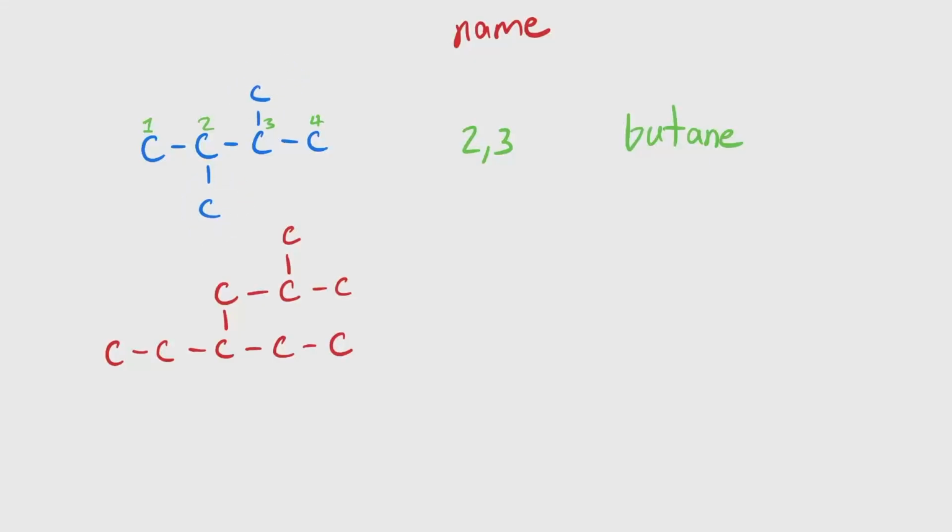Meth. Methyl. So 2, 3. Di because we've got 2 of them. Methyl. So that'd be 2,3-dimethylbutane. Because one of our methyls is on the second carbon, one of our methyls is on the third carbon.